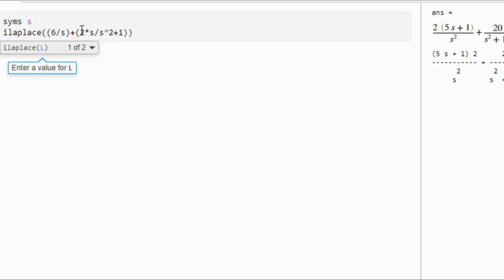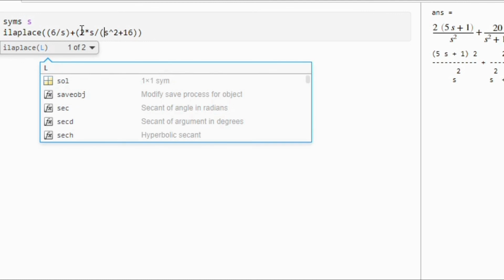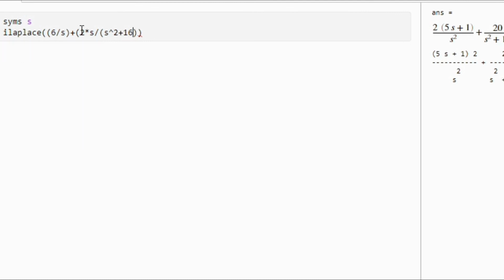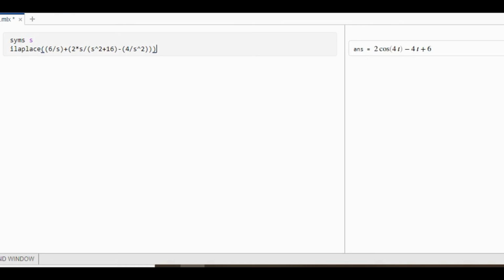So this should be written inside the parenthesis. Now the remaining part of this question is inside the parenthesis. So this is your answer after typing.